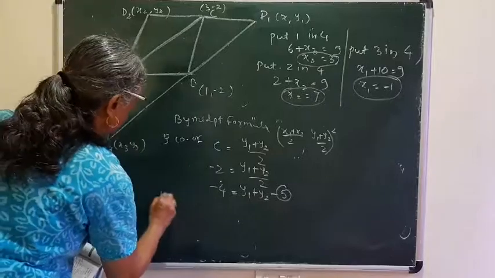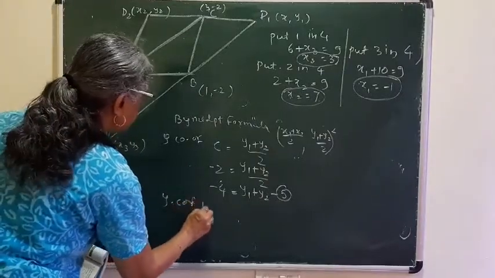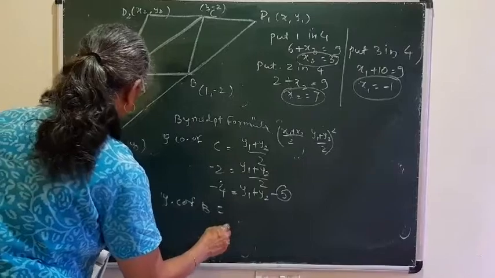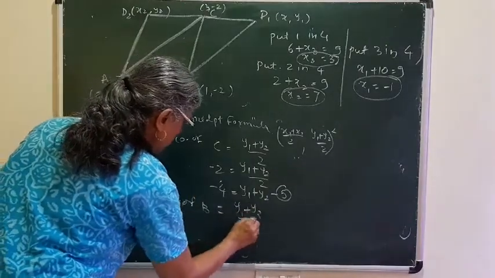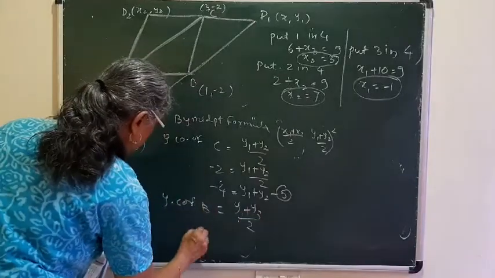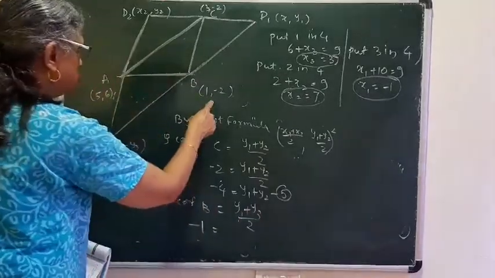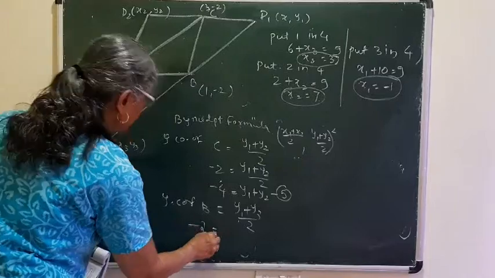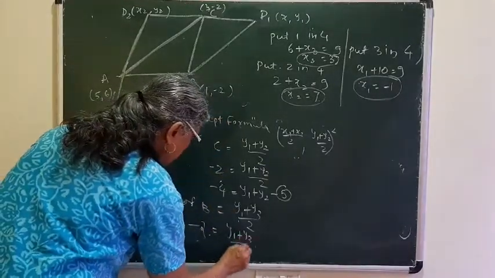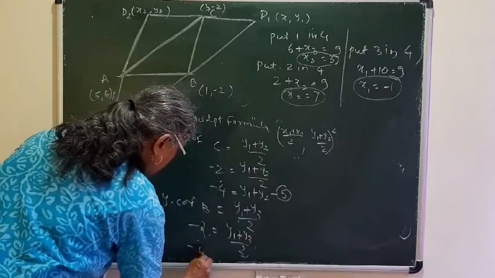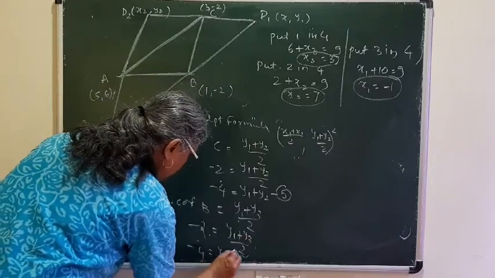Then the y coordinate of B is equal to y1 plus y3 by 2. So I will have minus 2, the y coordinate of B is minus 2, equal to y1 plus y3 by 2. So it will be minus 4 again is equal to y1 plus y3.